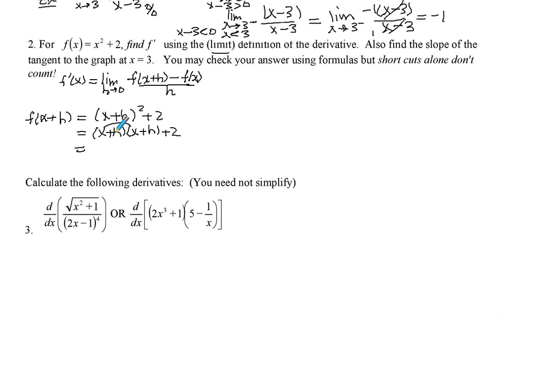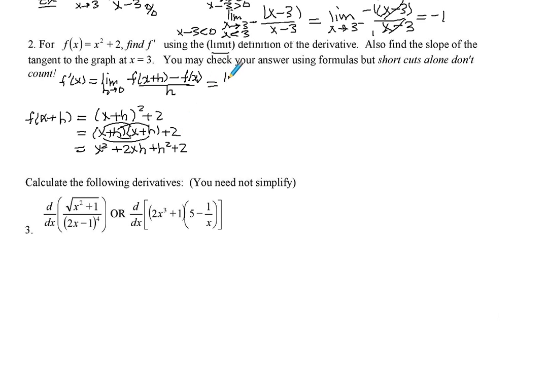So first terms are going to give us x squared. Outer terms xh, inner terms another xh, so 2xh, and last terms h squared. And that's all we can do there. So let's go ahead and plug in.